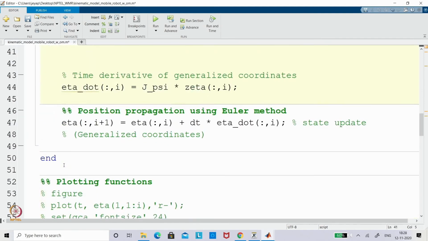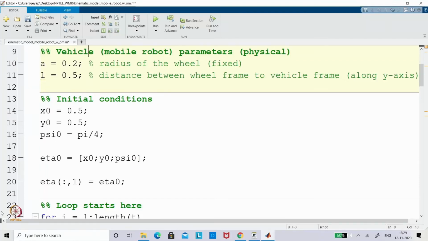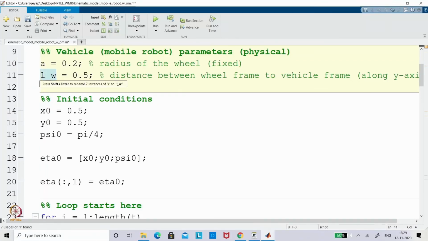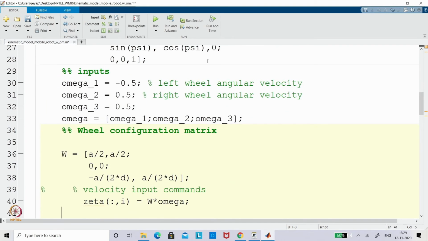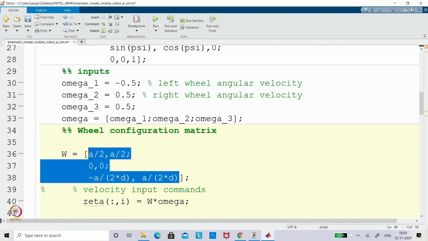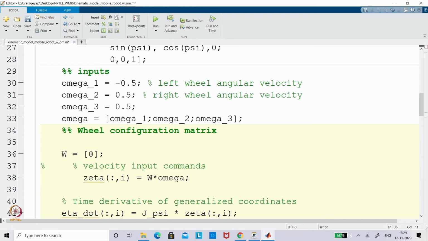So now what I am trying to do here is this L_W, that would probably be 0.3. So now what we are trying to do is incorporate this W. This W is no longer 3 cross 2, this would be 3 cross 3. And if you look at it, the first wheel would be vertically upward.